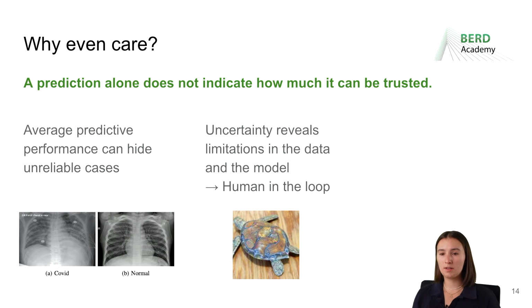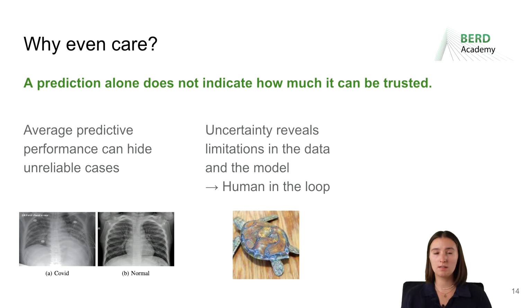Another example is when the uncertainty in a prediction can reveal limitations in the data and the model. Here I'm showing you a graphic of a 3D printed turtle, which was made in such a way that the shell of the turtle has interesting patterns on it, designed to fool machine learning algorithms.